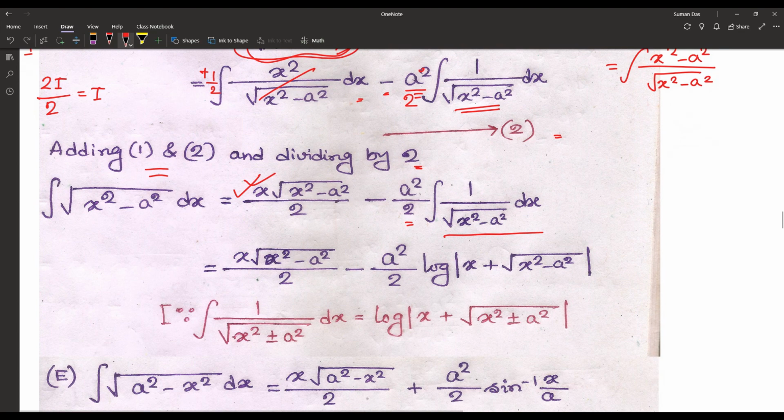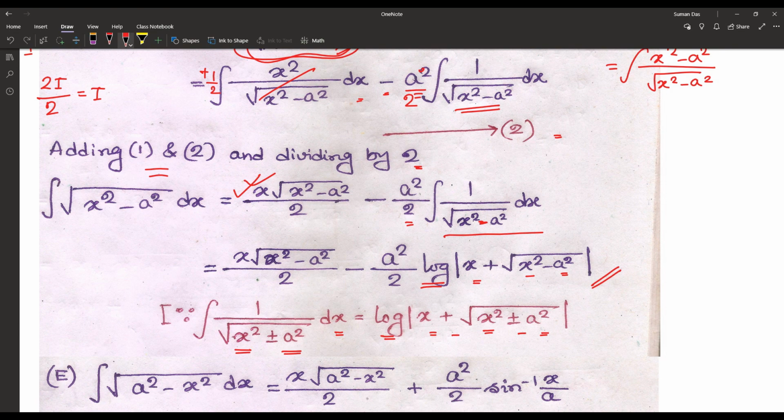As we already know, the integration of 1 by square root of x square plus minus a square dx is equal to log of x plus square root of x square plus minus a square, and as only the minus is here, we write it as log of x plus square root of x square minus a square, and that is the derived formula.